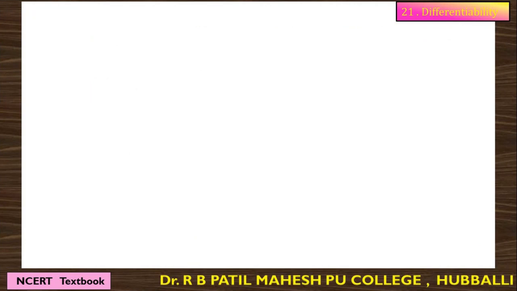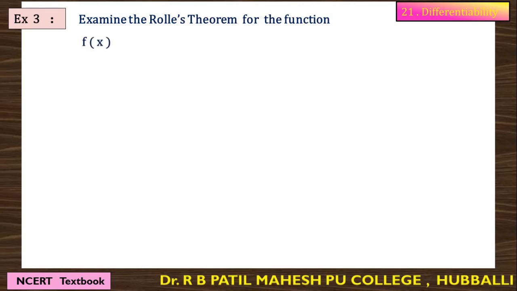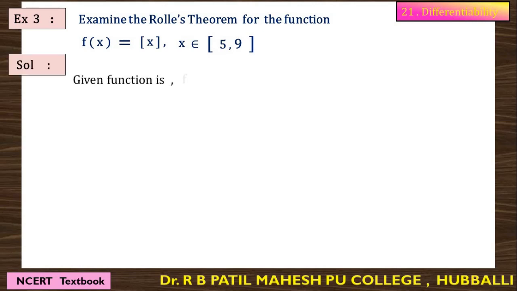Now see the next question. Examine the Rolle's theorem for the function f of x is equal to greatest integer x, x belongs to 5 comma 9. Now first take given function f of x is greatest integer function. Now let me discuss first the continuity of the function.